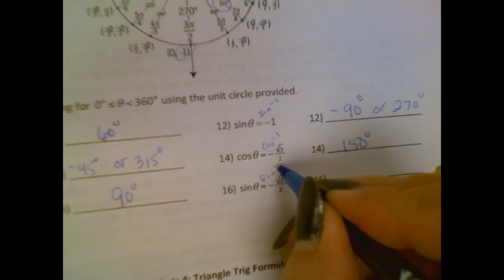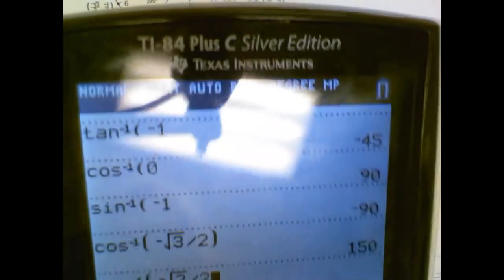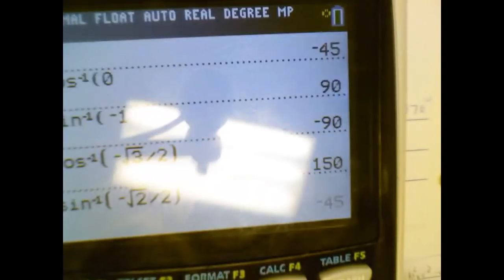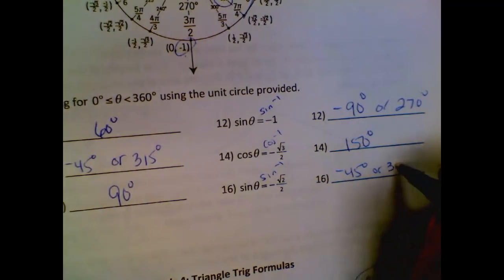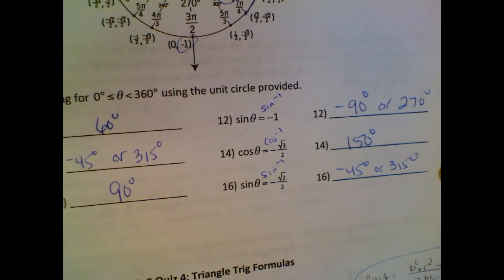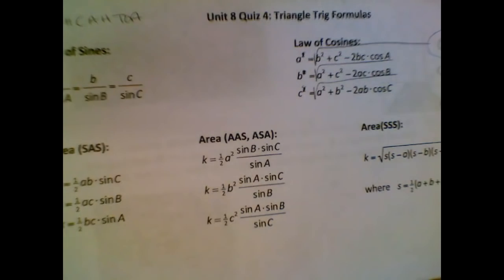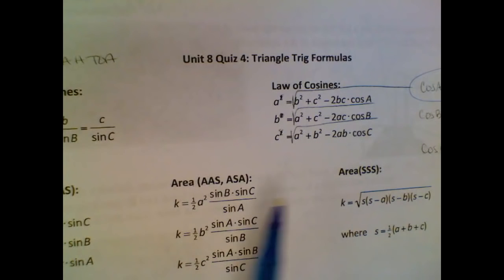And what's the arc sine of negative radical 2/2? -45. We already had a -45 earlier, so we could also say 315. And there's all your formulas that you're going to need. They're on the back. You can use these at any time. And we're done.